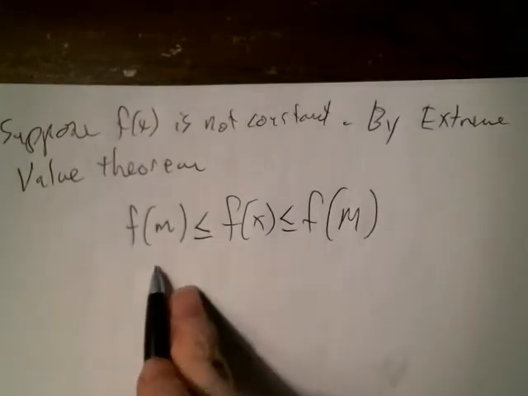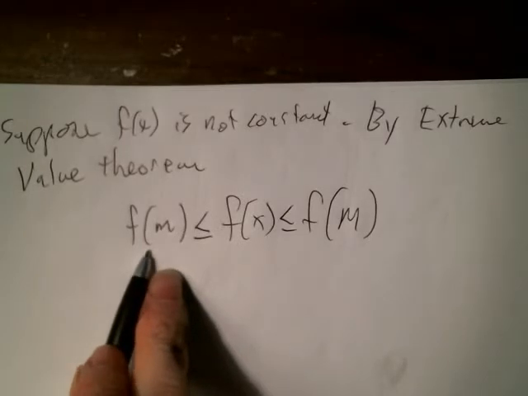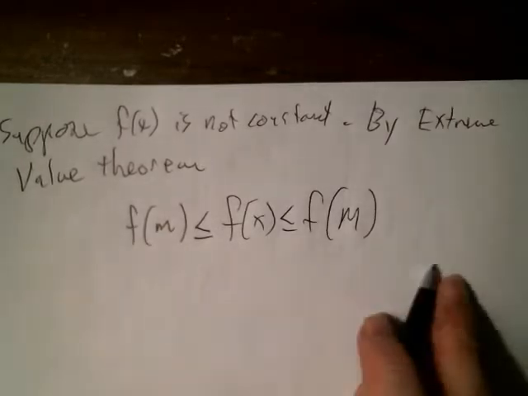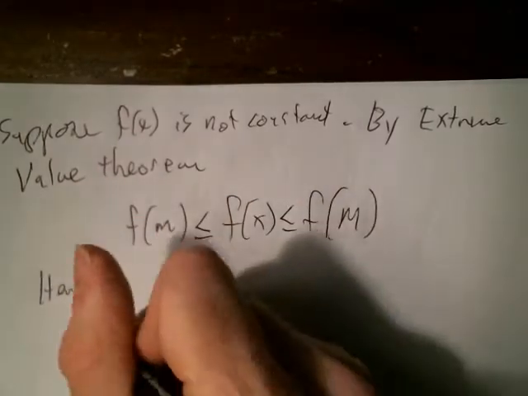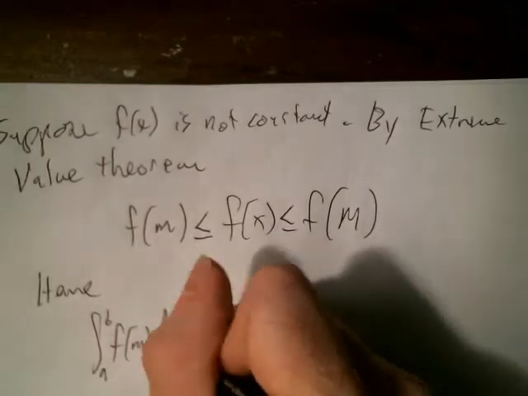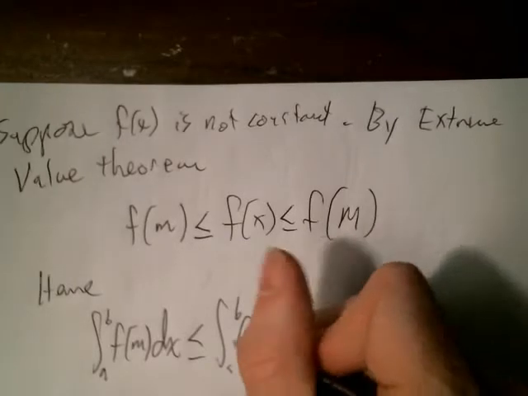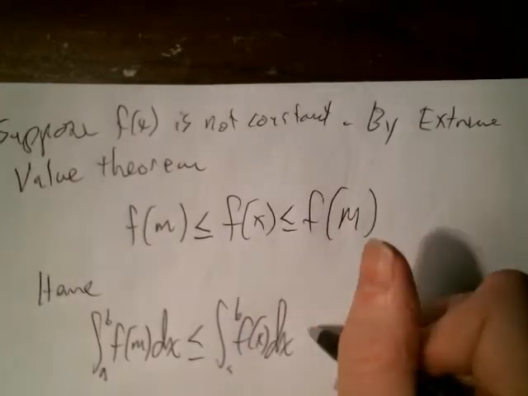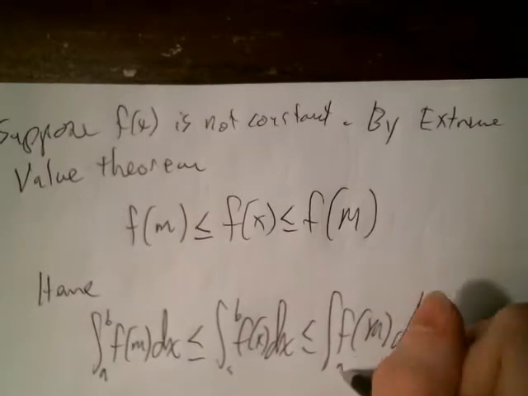Okay, there's an identifiable max, which would be this guy, and then there's an identifiable min, which would be this guy. Then you can take the integral of all three sides. So you take the integral from a to b of f of little m, which would be less than or equal to the integral from a to b of f of x dx, which would be less than or equal to the integral of f of big M dx from a to b.